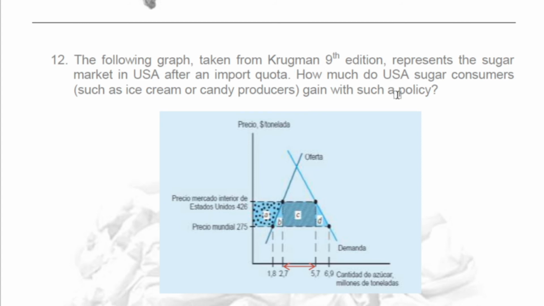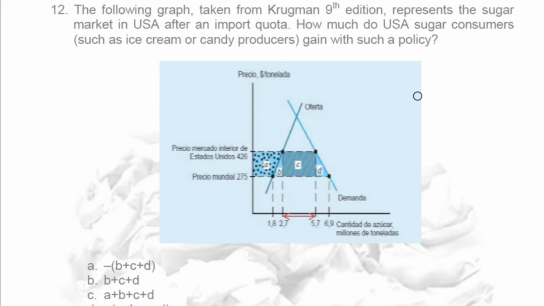12. Now again, the same graph with an import quota. How much do USA sugar consumers, such as ice cream or candy producers, gain with such a policy? Well, they lose.